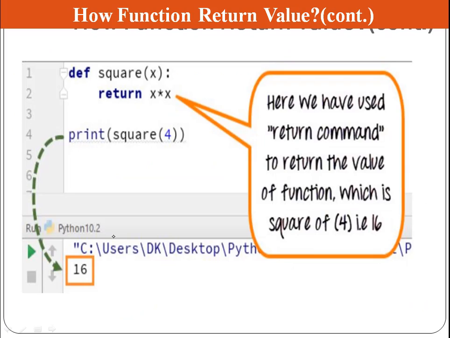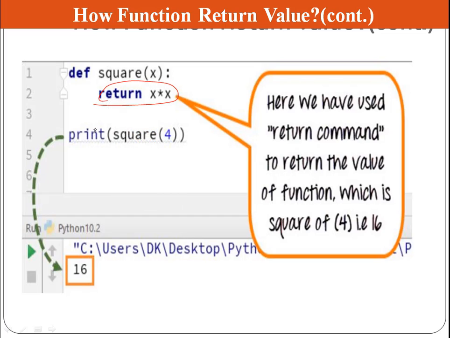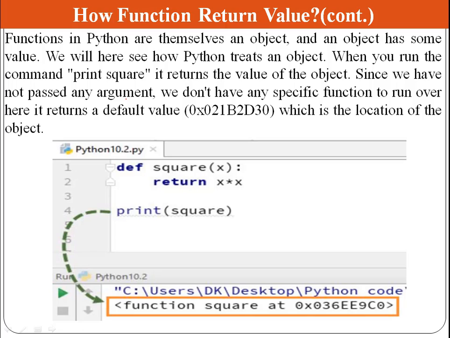So if you try to print it, it is writing the value corresponding to this, that is 16. Here you have used the return statement rather than print, right? Again this is the same thing. What we can do, square x, return x multiplied by x. So what you are doing, you are not calling with this, right?